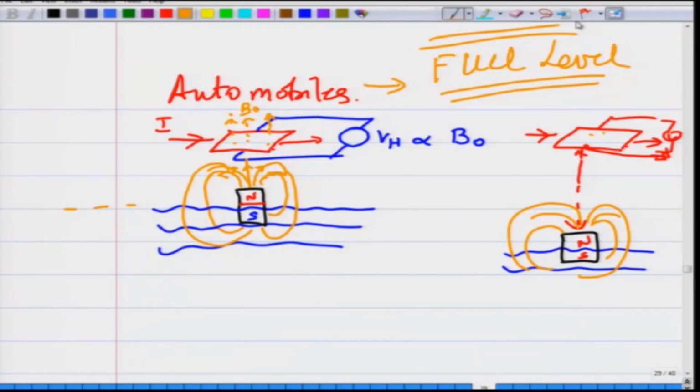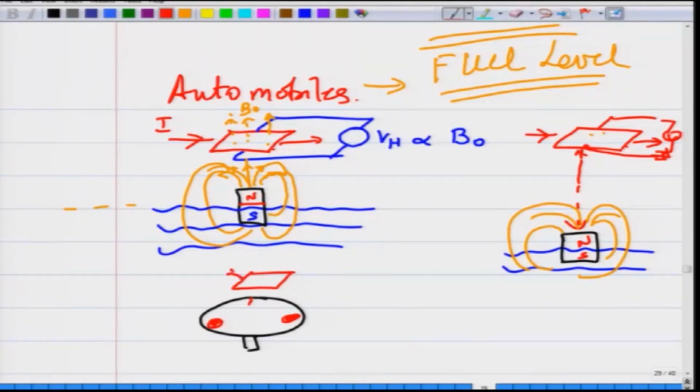Similarly, you can also find the position of a rotating disc using a Hall sensor, and that is quite simple. Again, what you have is a disc which is rotating, and let us say we have two magnets kept here. Your Hall sensor is placed somewhere at this location.